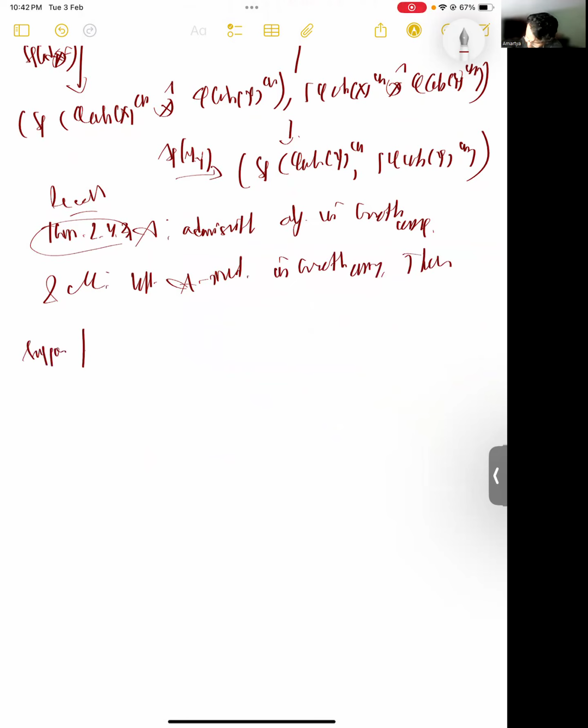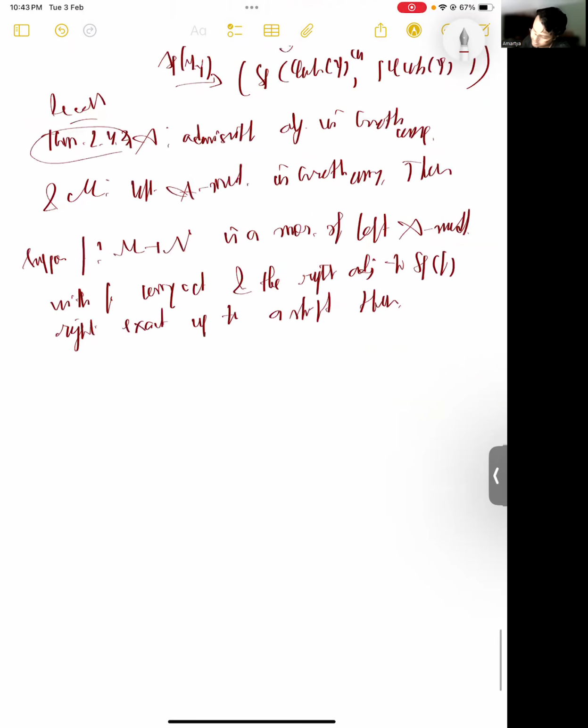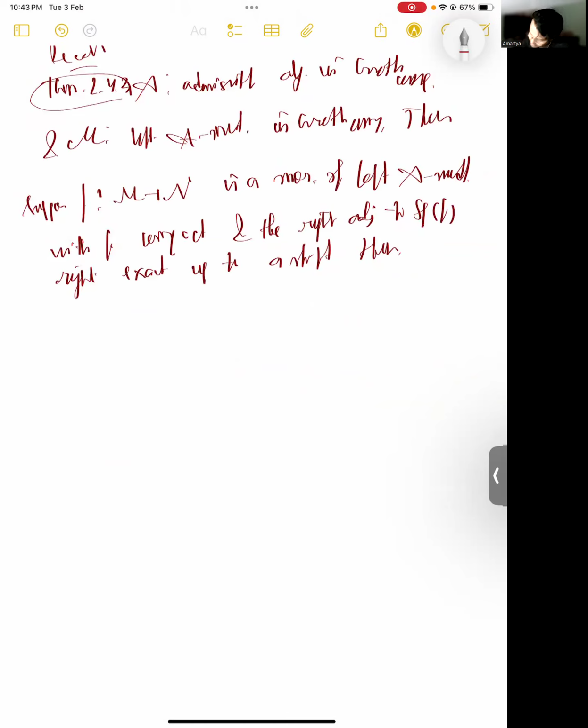Suppose f from M to N is a morphism of left A modules with F compact and the right adjoint to SPF right exact up to a shift, then the following square is vertically right adjointable.